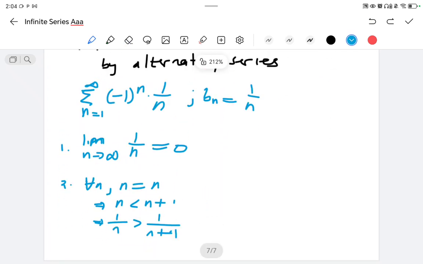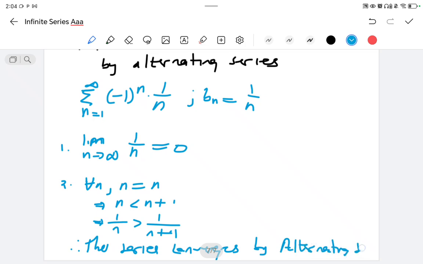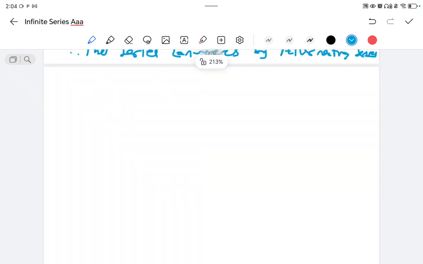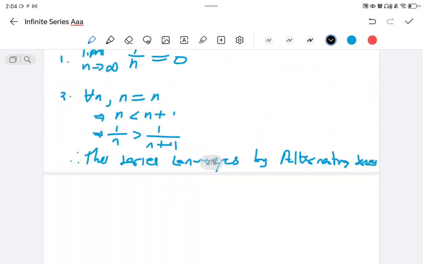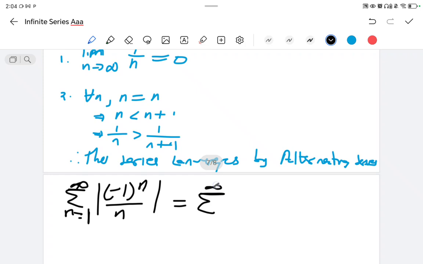Therefore, I'm not going to write everything. I'm just going to write the series converges by alternating series, right? But if I take the absolute value of that series, minus 1 to the n over n, I'll have 1 over n.